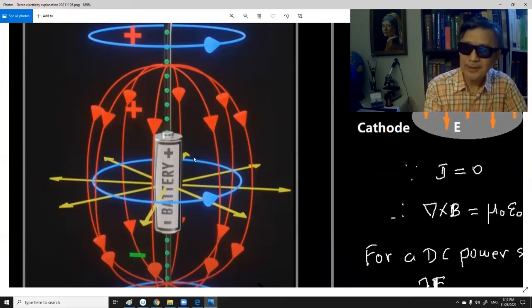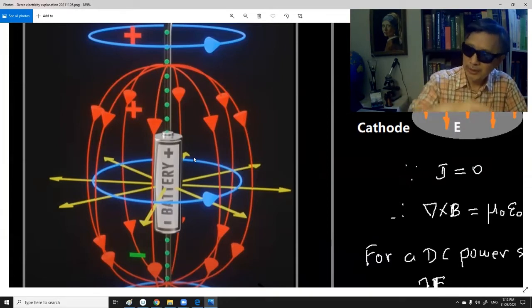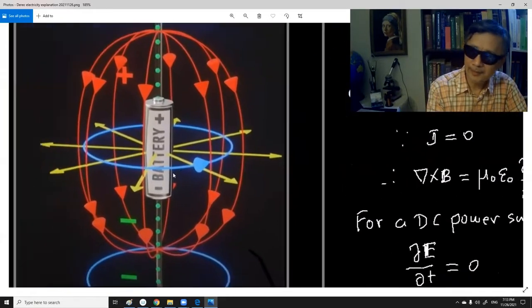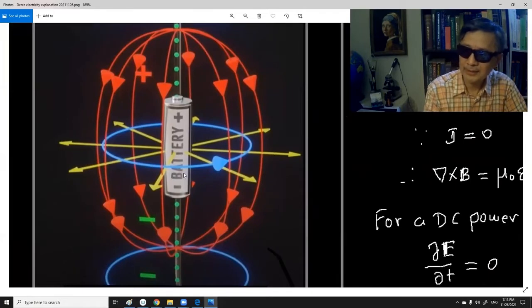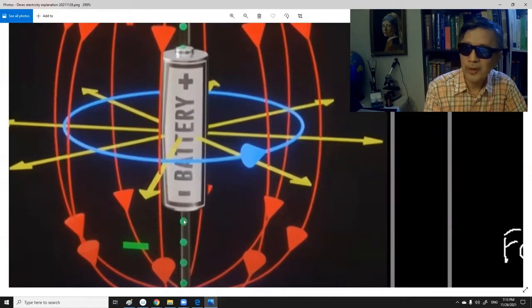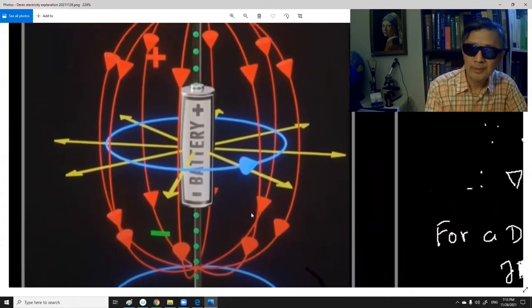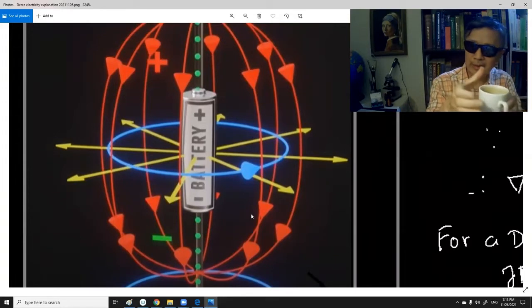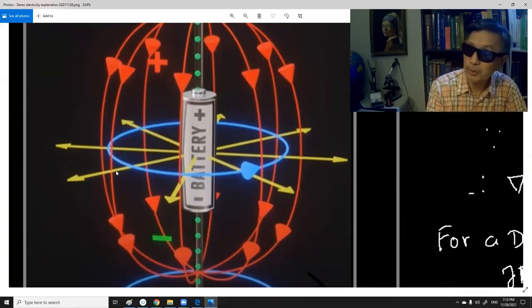The second assumption is that when you switch on the switch, the current will move along the circuit, and that the current will go from the negative to the positive. So because the current is moving upward, according to the right-hand rule, the blue color, the direction or distribution of the static magnetic field, can be worked out.